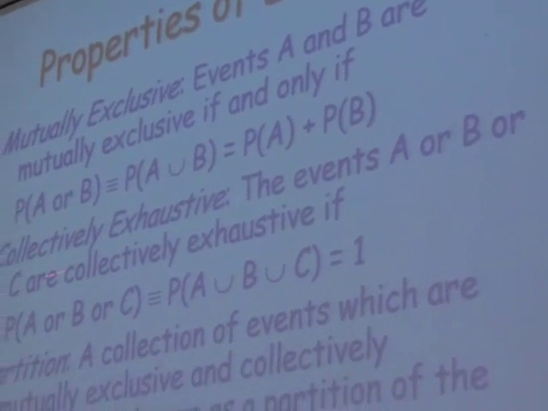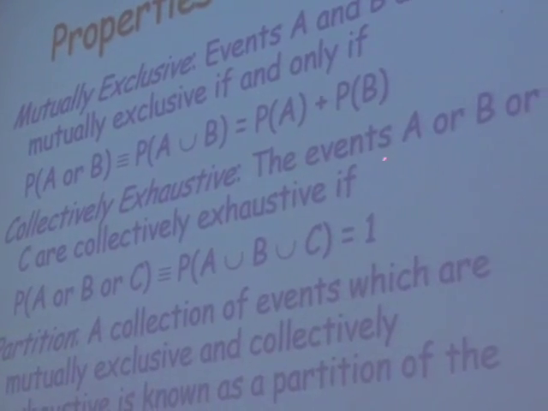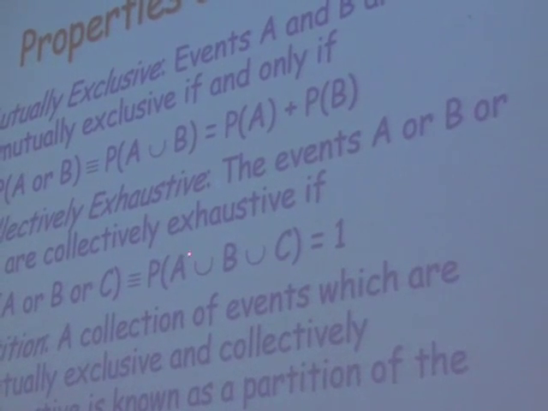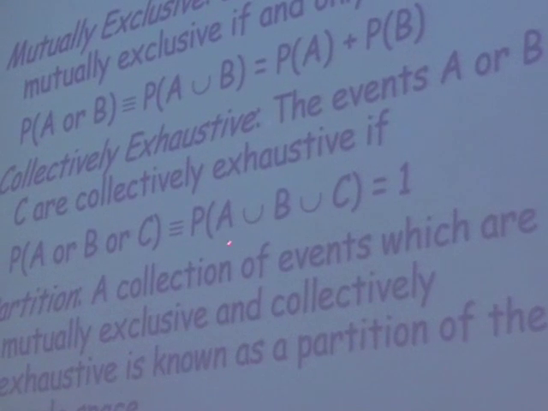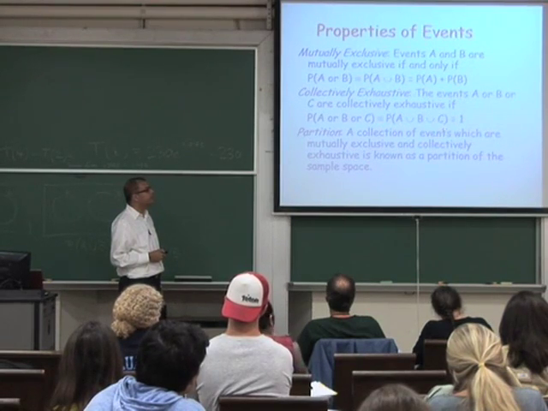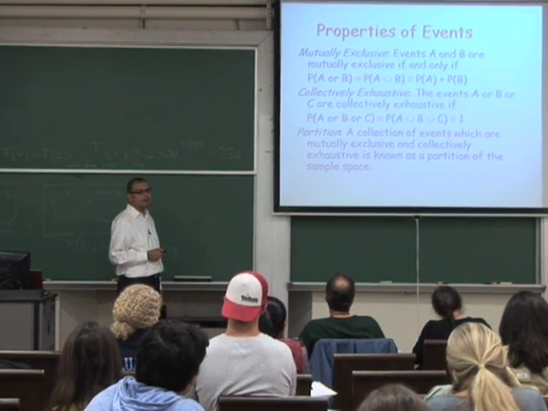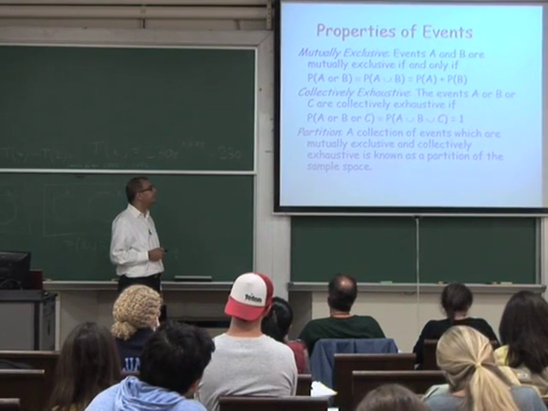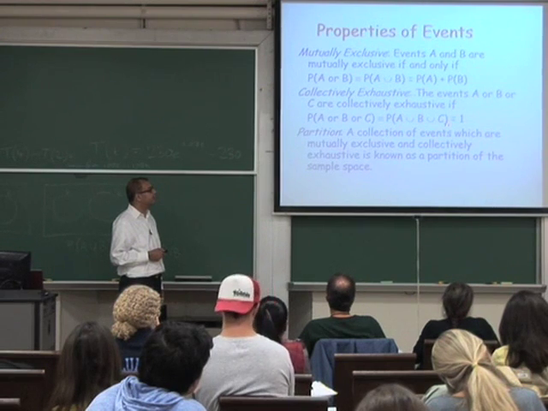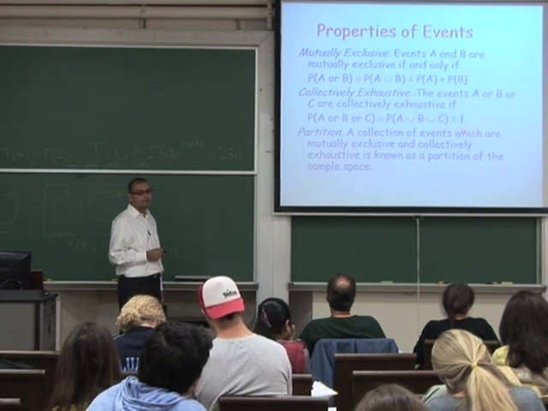Okay? Events A or B or C are collectively exhaustive if the union of all those events is the sample space, or the probability of the union of all those events is equal to 1.